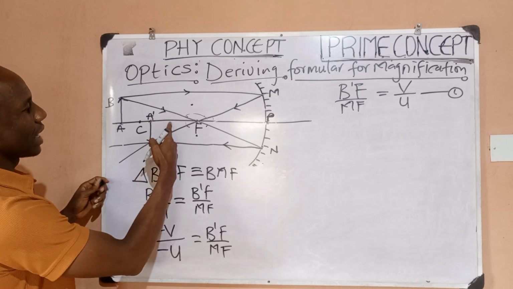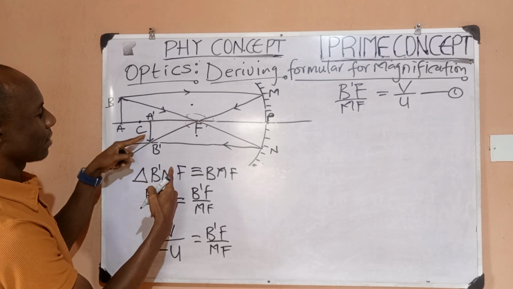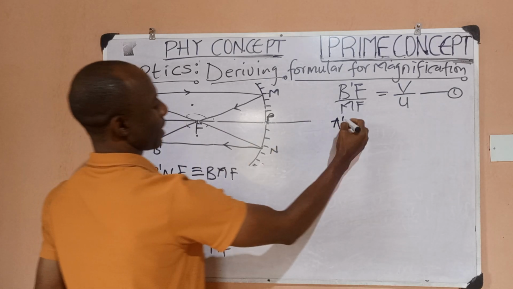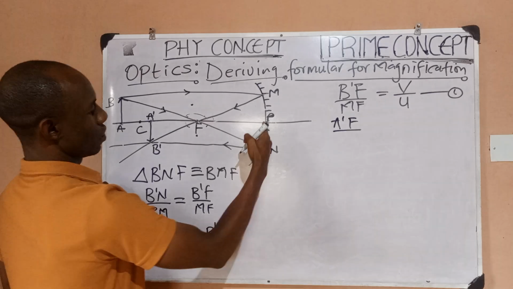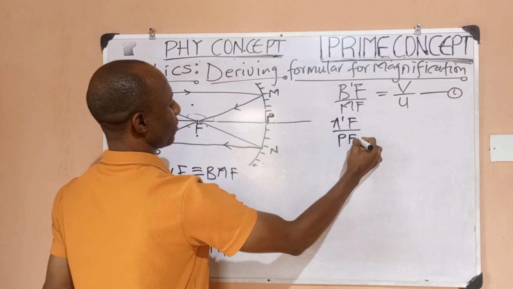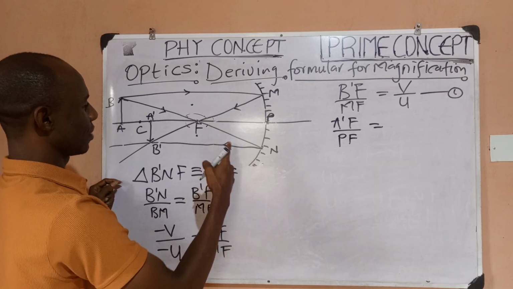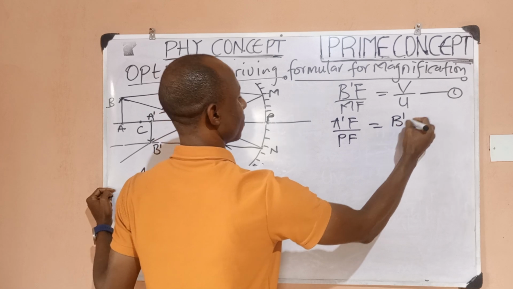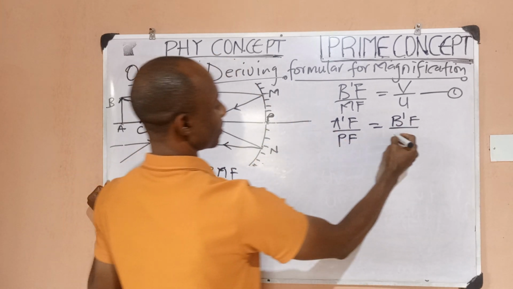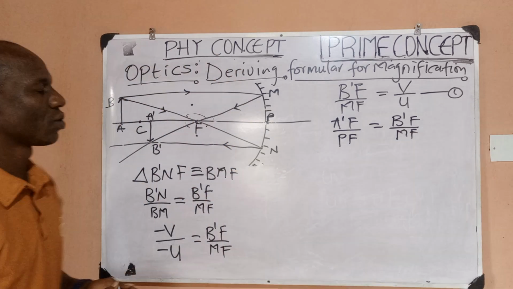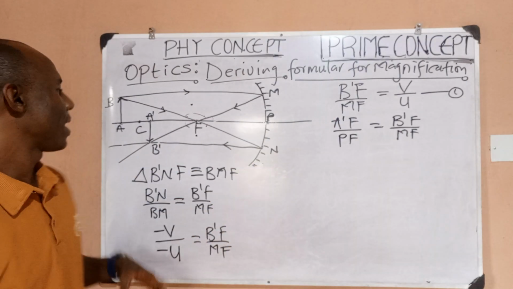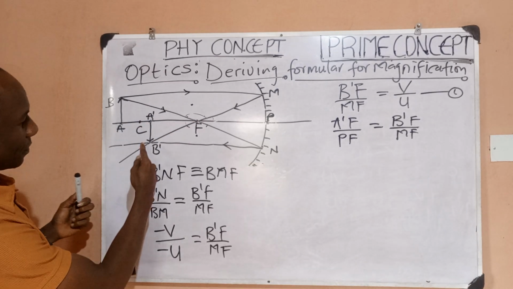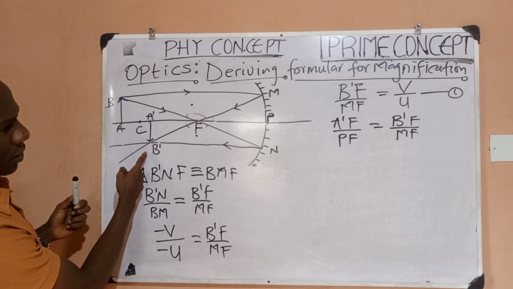So I would have A prime F to PF, which should be the same as B prime F to MF.